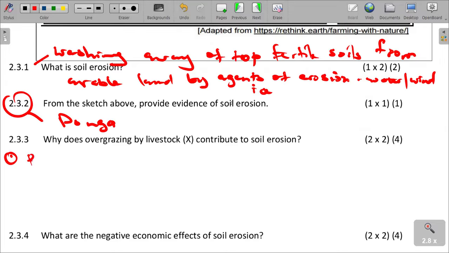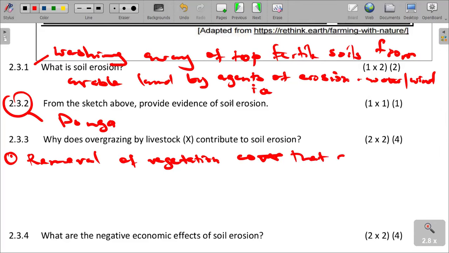It results in removal of vegetation cover, which must protect the soil. The soil is not protected because vegetation is removed.